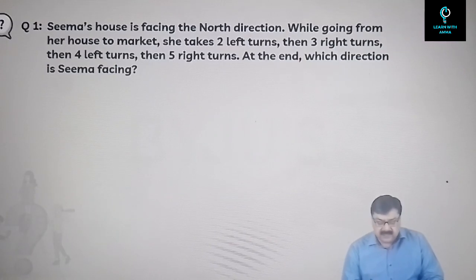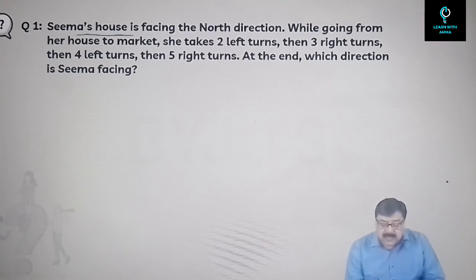Now let's have a look at some questions here. Now these questions are based on the basic fundamentals that we learned just now. Seema's house is facing the north direction. Alright, so let us say this is Seema's house and it is facing the north direction. So this is north, as we know.